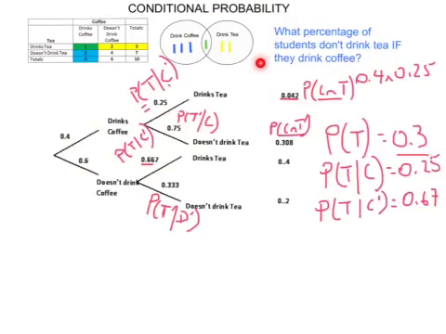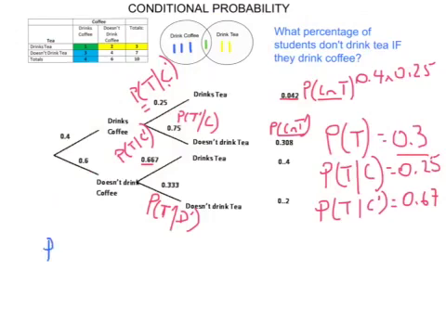So we have to be careful when we look at the sentences to note what it is we're asking or being asked about. In this case, it's please tell me the chance or the probability that a student does not drink tea given that they're a coffee drinker, given that that's already happened here. So as we understand that the ends of the branches is the multiplication through the centres of the branches, we can work it out this way.